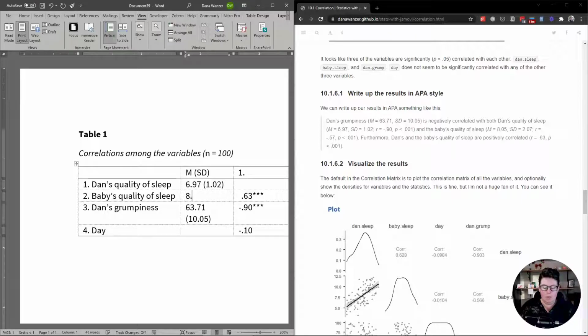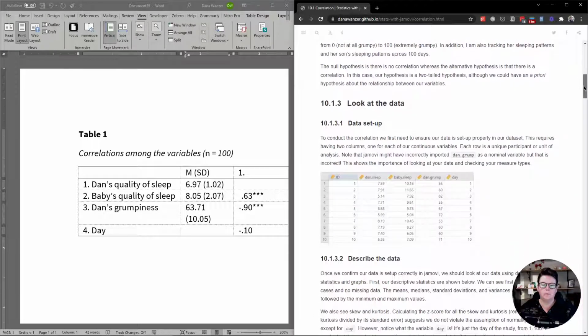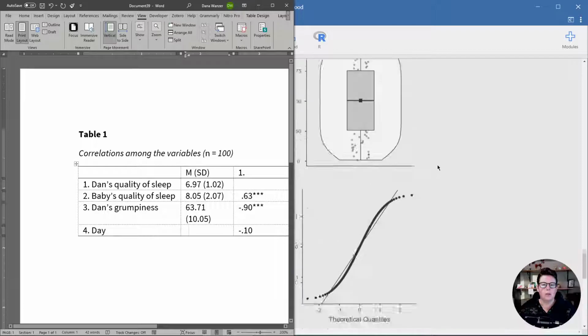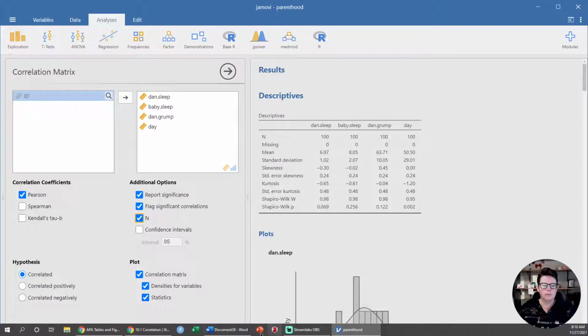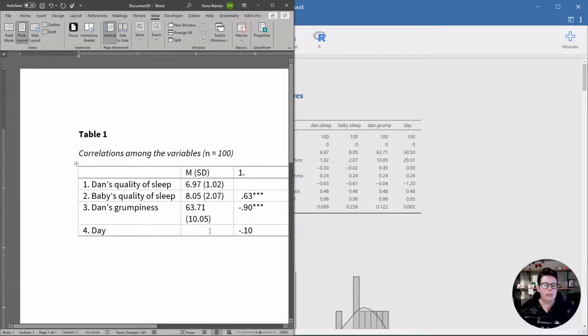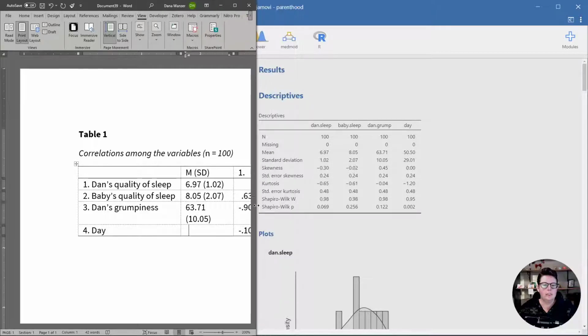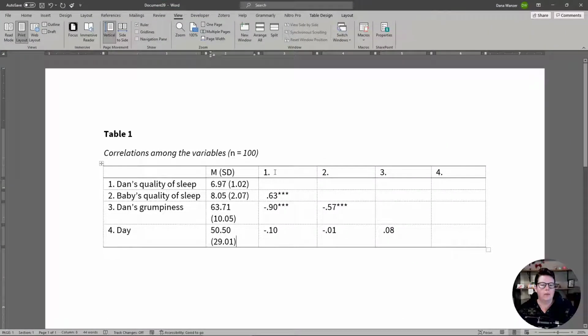And this is 8.05, 2.07. And we don't have day. I can go back up here and get day. Day, the mean is 50. Actually, it really just doesn't make sense, but I'll put it in anyways. 29.01. Okay.